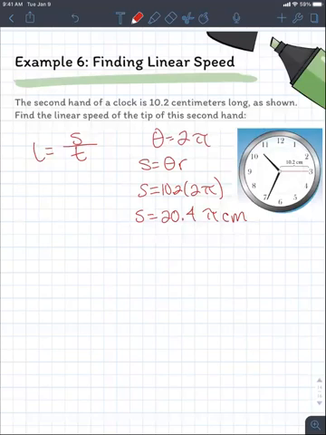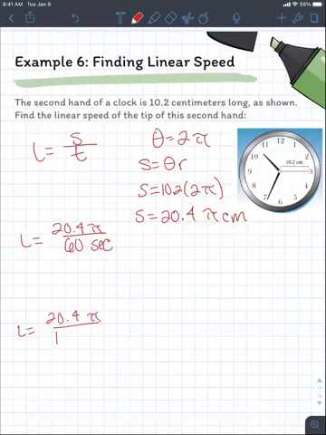The book says it in seconds, but it didn't specify which unit we wanted, so we'll do both. If we want the linear speed in seconds, we would do 20.4 pi divided by 60. If we wanted it in minutes, it's a lot easier to calculate because we're just dividing by 1 minute.